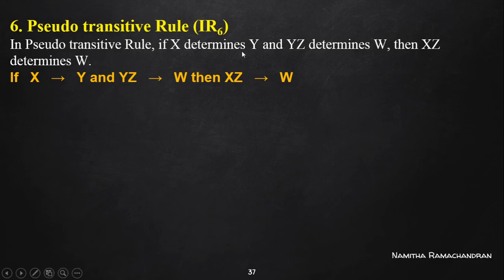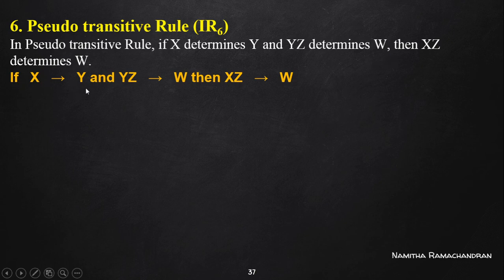This pseudo-transitive rule identifies a relation like this. For that, we consider different sets like X, Y, Z and W. All these are sets of attributes in a given relation R, right?